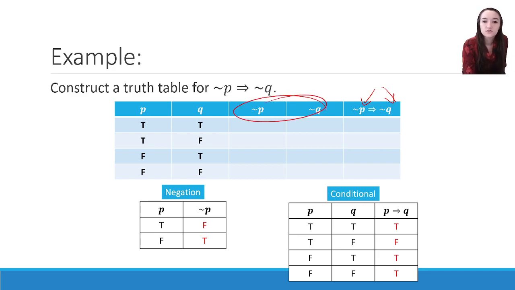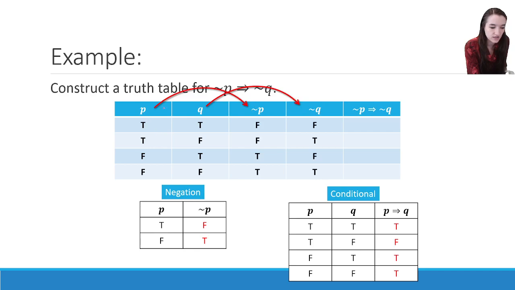Alright, so to do our negations, we know that our negation just takes whatever we have and flips the truth value. So if it was true, it becomes false. If it was false, it becomes true. So we need to pay attention to what our letter is. So this one is a P, so we're going to take everything from P, and the true becomes false, true becomes false, false becomes true, false becomes true, so we get false, false, true, true. And then negation of Q is false, true, false, true.